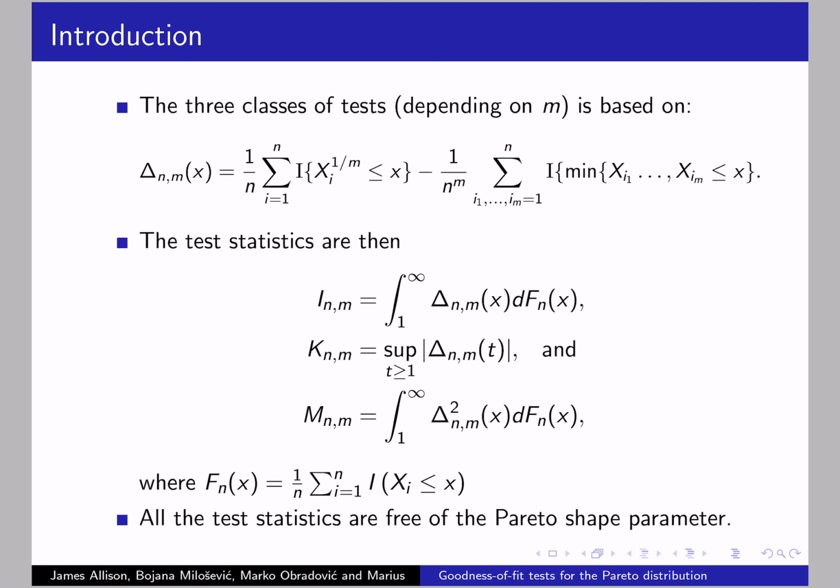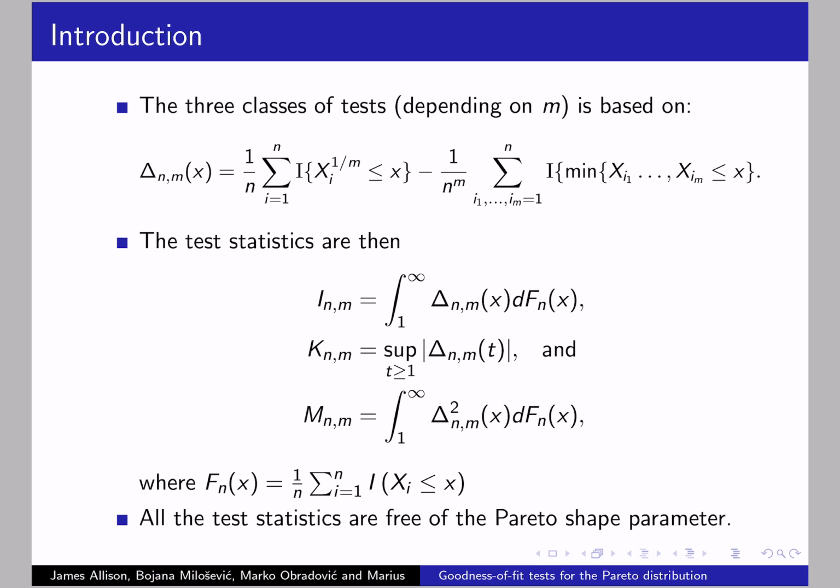Now the 3 classes of tests, depending on m, are based on the difference between the empirical distribution of X to the power of 1 over m and the minimum of X1 up until Xm. This will be denoted by delta nm.